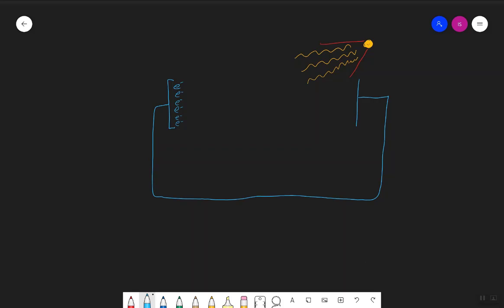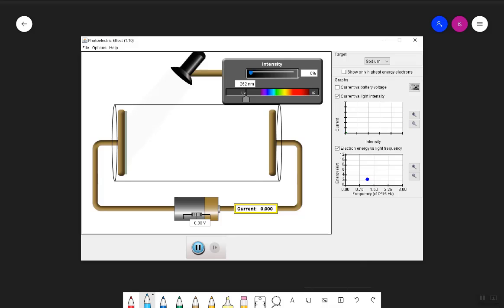And so we have a sample of a metal, the light is shining onto the electrons, and then we have a wire from this side over here. I'll put on a simulation to show what happens when you actually shine this light, and then we'll see Einstein's explanation of what happens, which will end up being incredibly important for quantum mechanics.